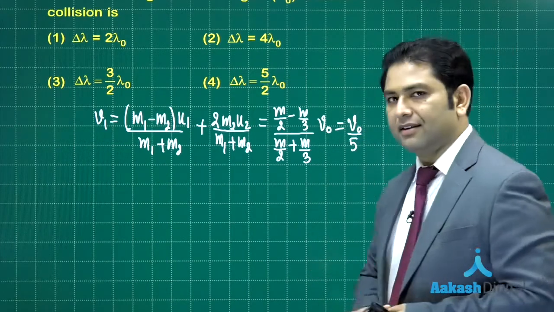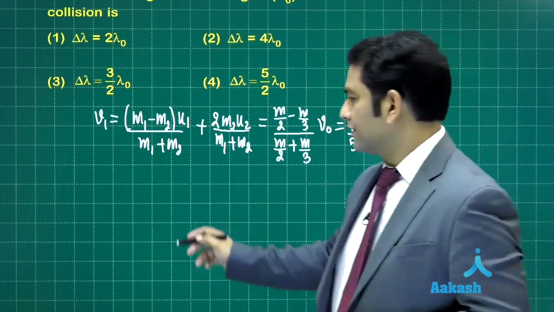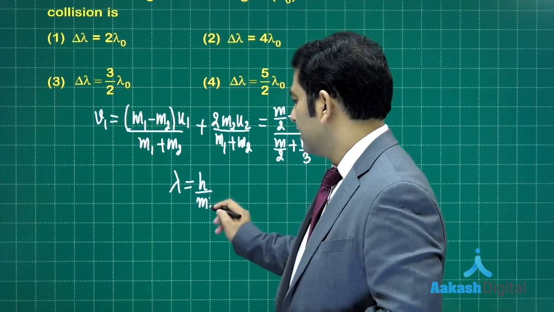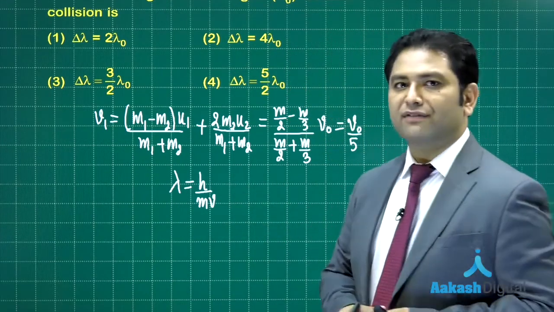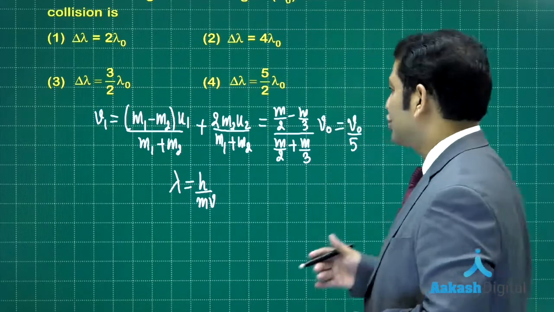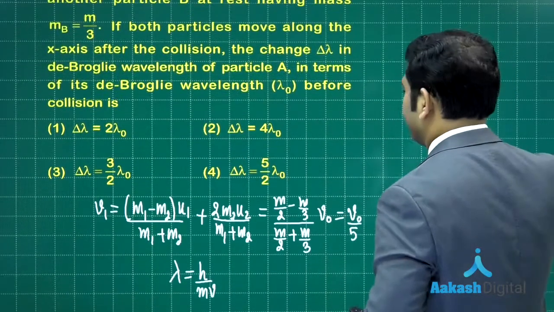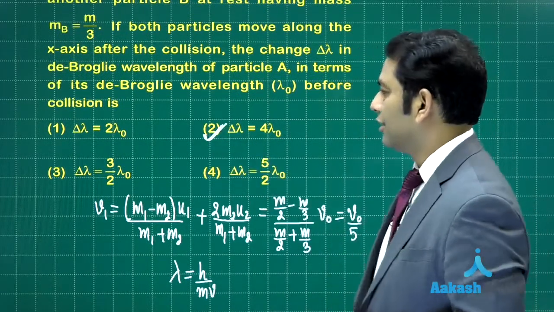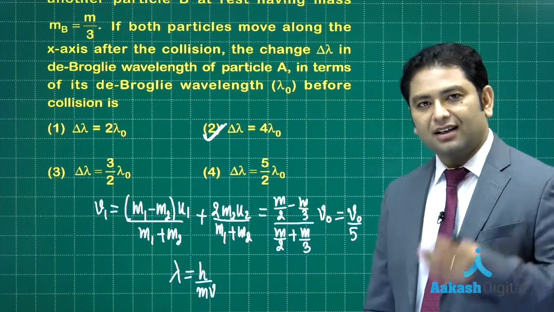Now we are all done. The de Broglie wavelength is h by mv. Because the velocity has gone to 1/5, the wavelength will become 5 times, and the change in the wavelength will be 5 minus 1 times lambda, that's going to be 4 lambda naught. Option number 2. Let's proceed.